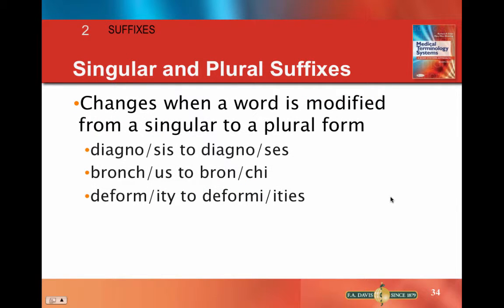Now, more plurals and suffixes. The suffix changes when a word is modified from singular to plural. So we go from diagnosis to diagnoses, or bronchus to bronchi, or deformity to deformities.